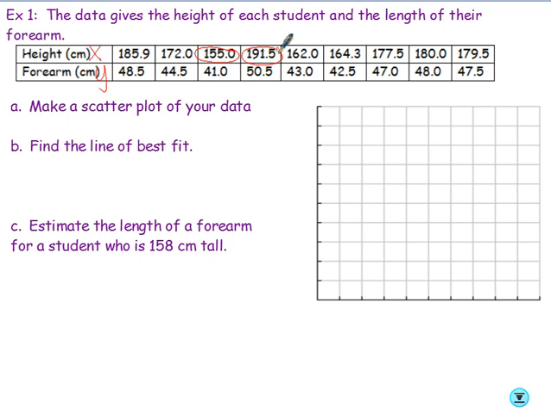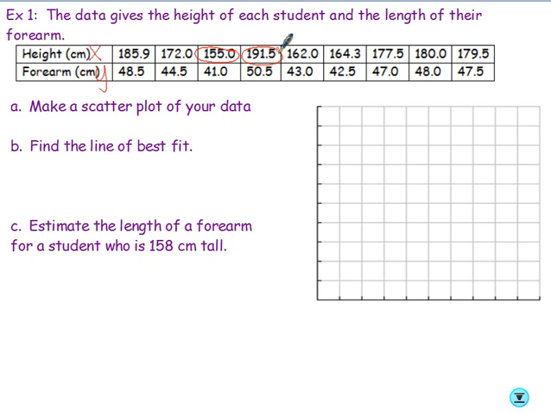And once you know your lowest and your highest, I always suggest subtracting them. So you would pick up your calculator and type in 191.5 minus 155, and you get a difference of 36.5.